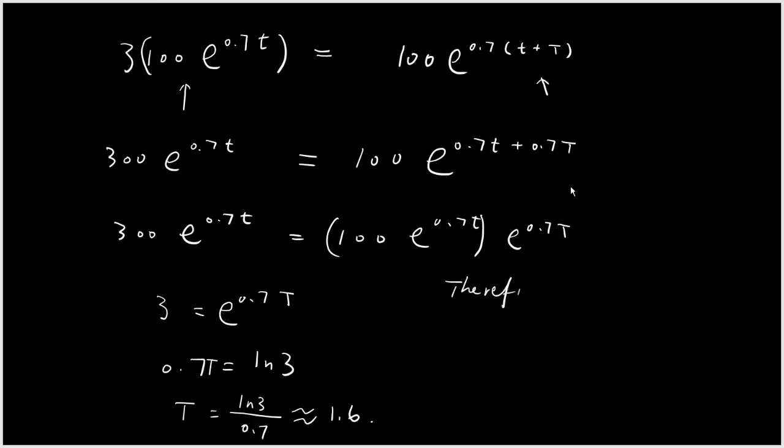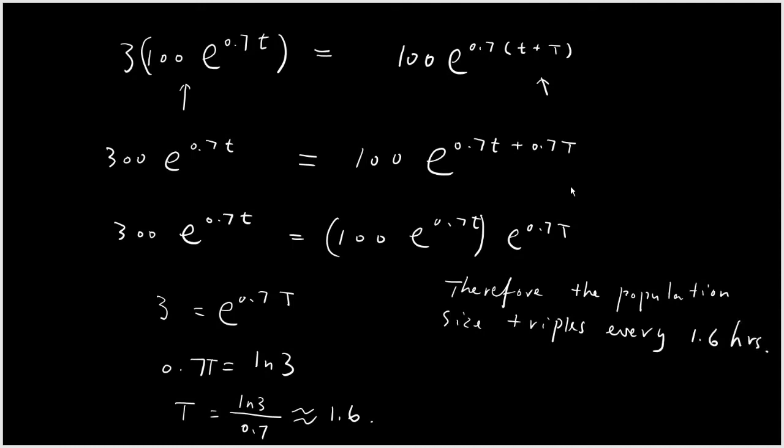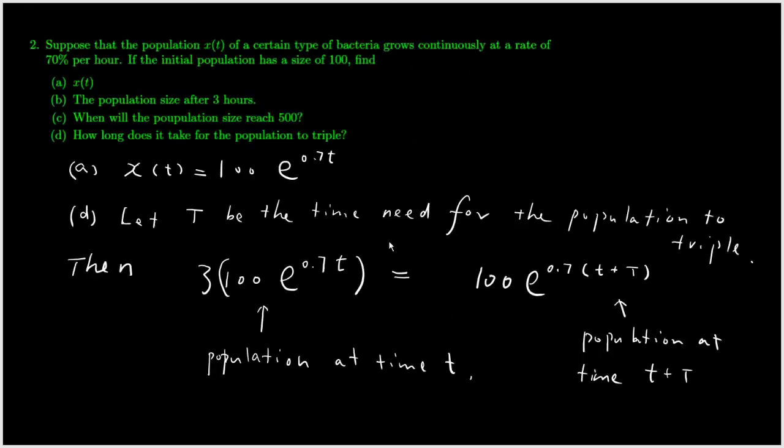Therefore, the population size triples every 1.6 hours. That's the answer to question D.